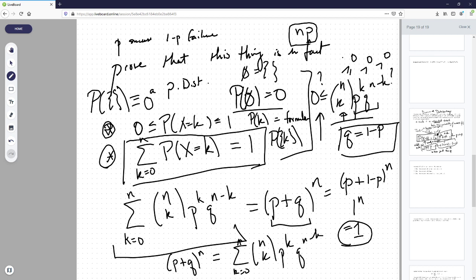So the probability of the null set is 0 just because the null set is not some integer k. There aren't any trials, there's no probability of anything.